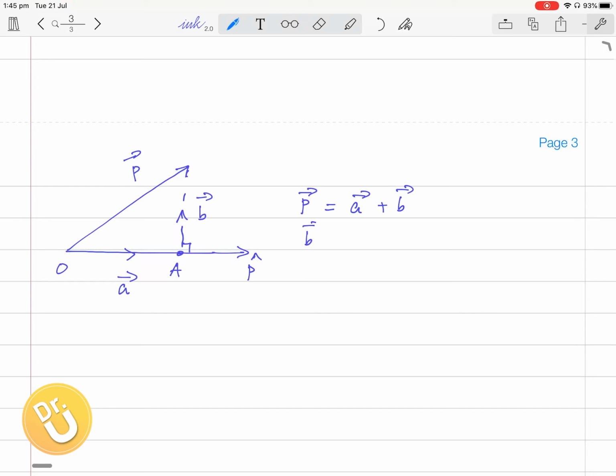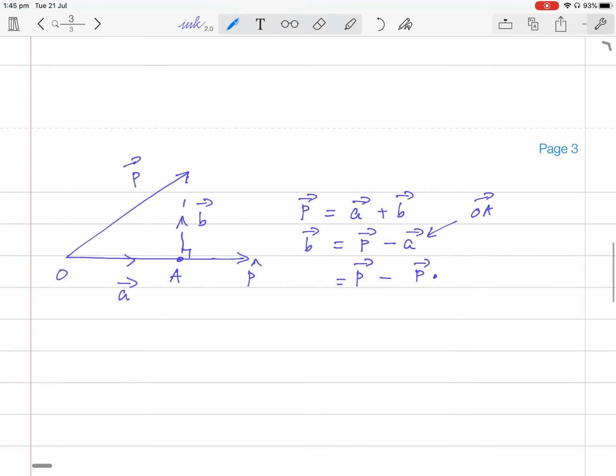So if you want to find B vector, it is equal to P vector minus A vector. A vector is my OA vector, right? So we found it before.